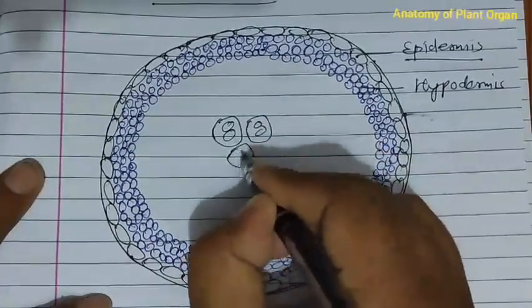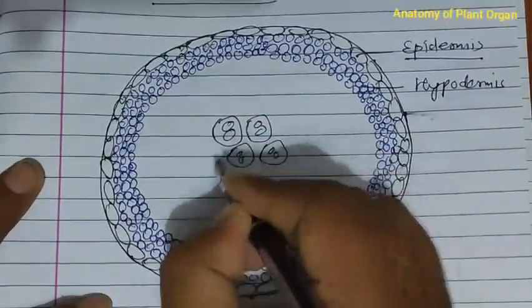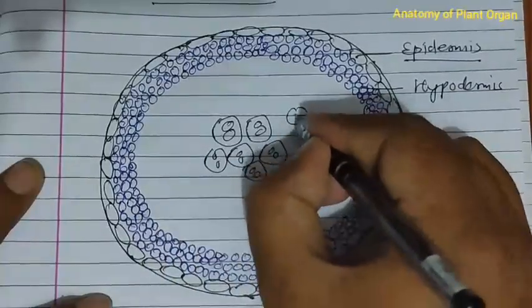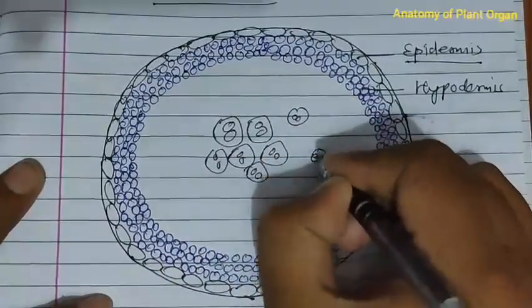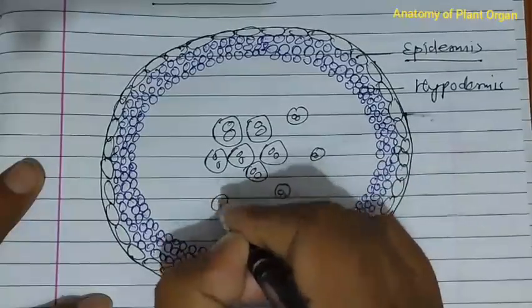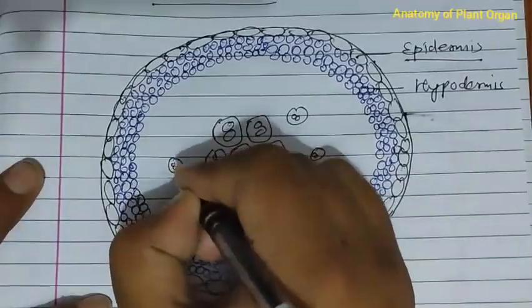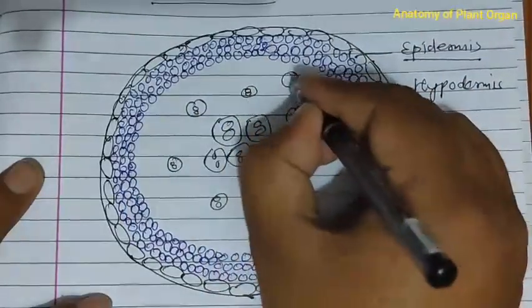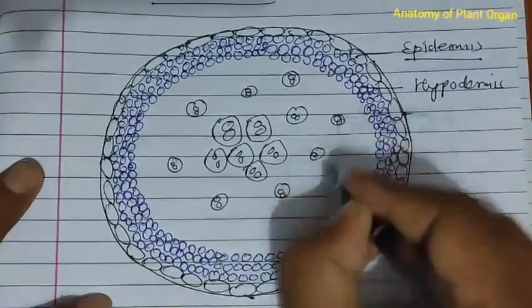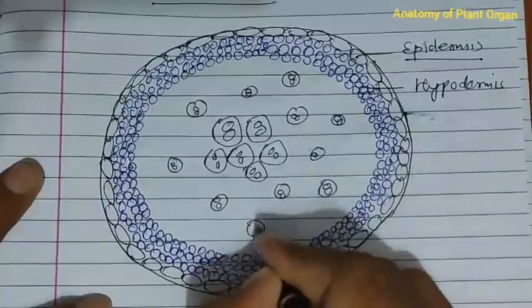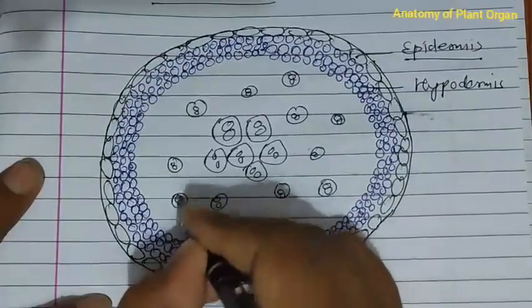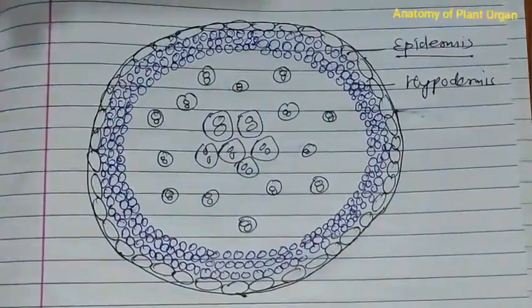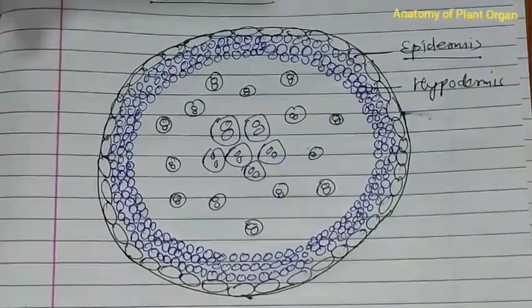But these vascular bundles are larger in size towards the center, and they are smaller in size towards the periphery.